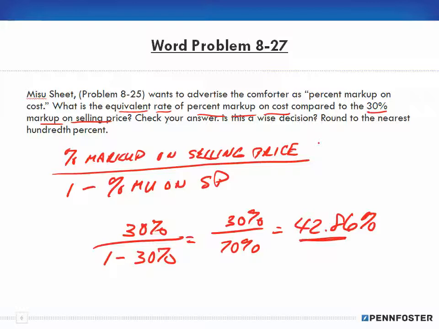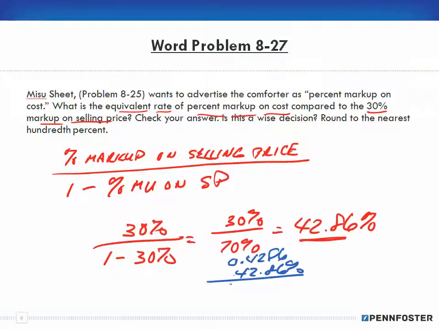Okay. Now, if we want to check this, we take the 42.86%. Remember, that's decimal wise, that's 0.4286.